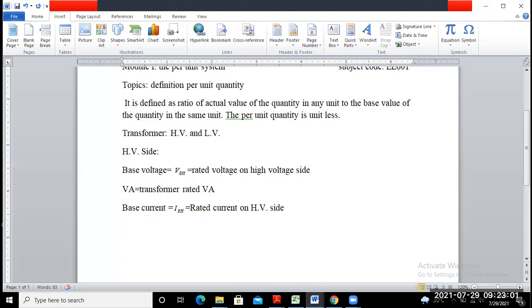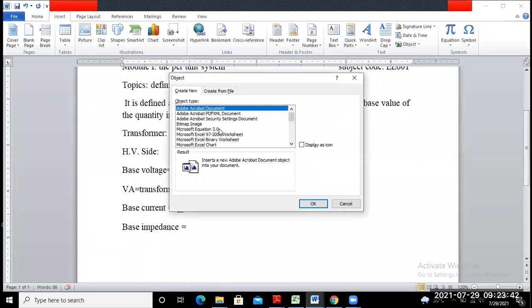Now from these two data we can find the base impedance, is it not? What is the value of the base impedance? How can we represent it in voltage and current? Impedance is represented by Z, so we represent here ZBH, the base impedance on the high voltage side.